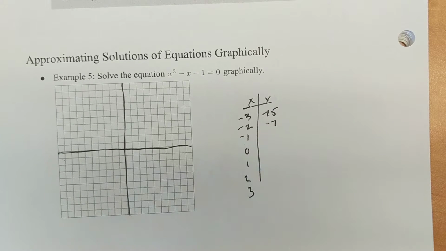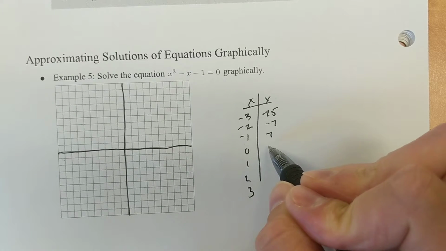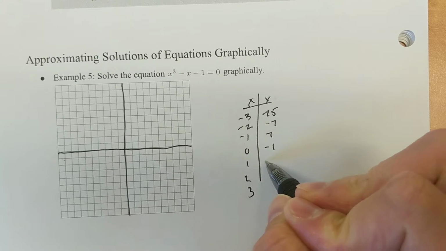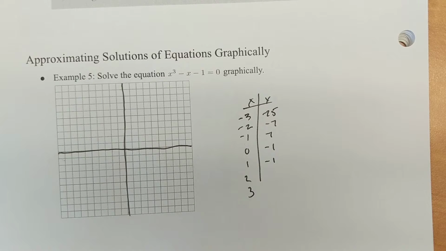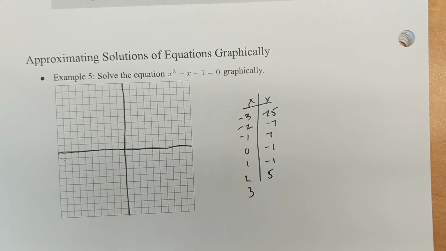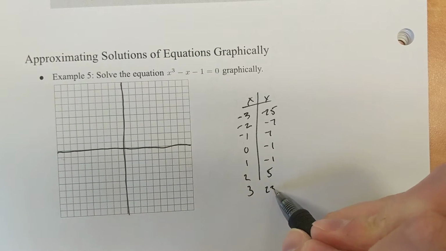If I plug -1 in, -1 cubed minus -1 minus 1, that's -1. When it's 0, it's -1. When it's 1, it's -1. When it's 2, it's 8 minus 2 minus 1, so that's 5. And when it's 3, that's 27 minus 3 minus 1, that's 23.